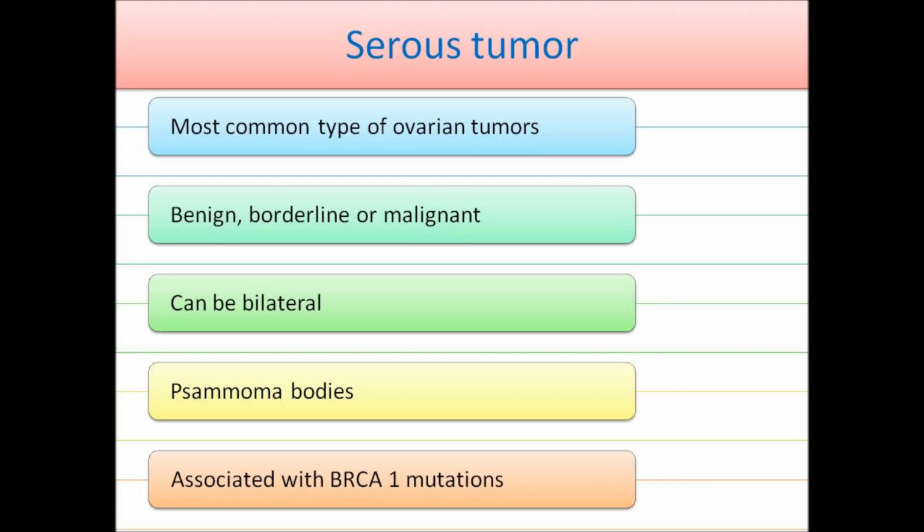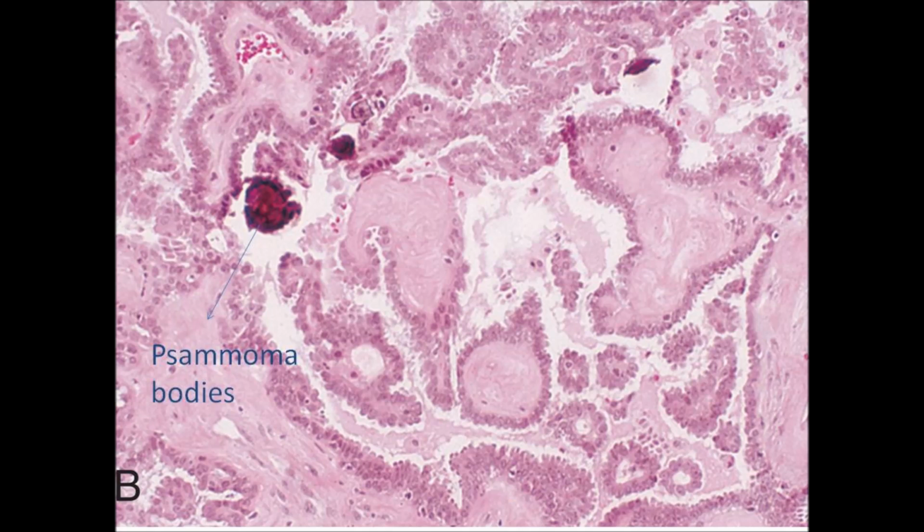The important clinical point with serous tumor is that they are highly associated with mutations in the BRCA gene. This gene, which is also involved in the pathogenesis of breast cancer, makes the patient susceptible for ovarian serous tumor, and also tumors of the fallopian tubes. That is why these patients who have mutations in the BRCA gene undergo prophylactic mastectomy and prophylactic salpingo-oophorectomy.